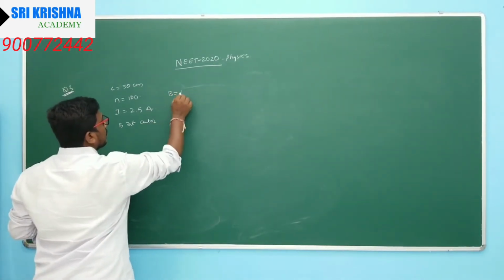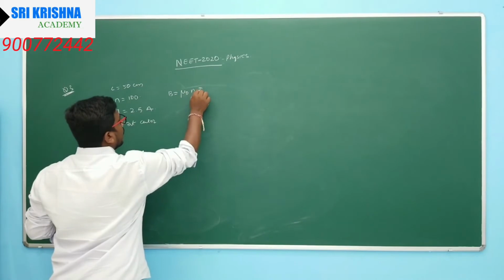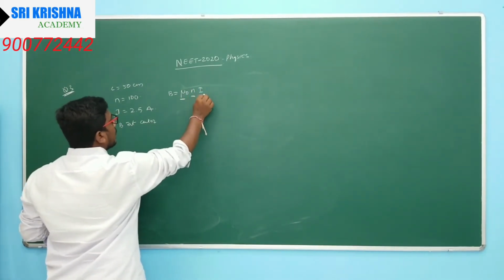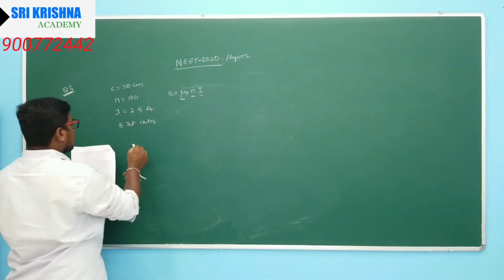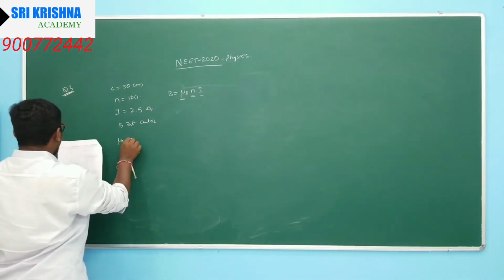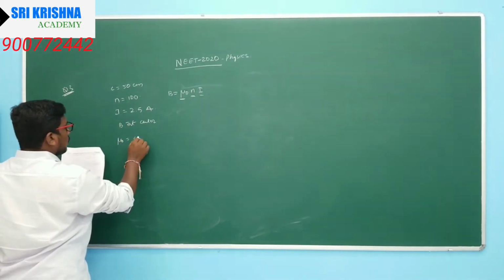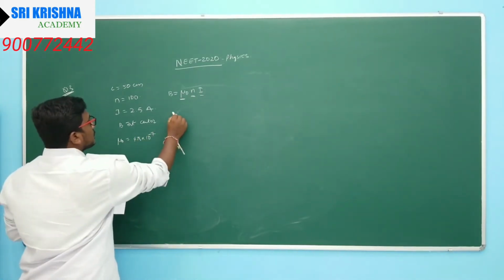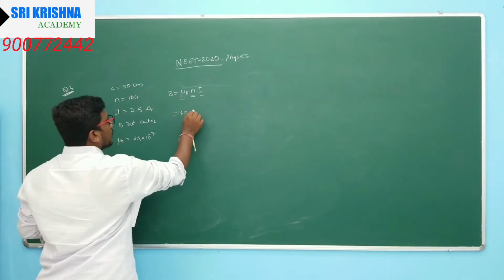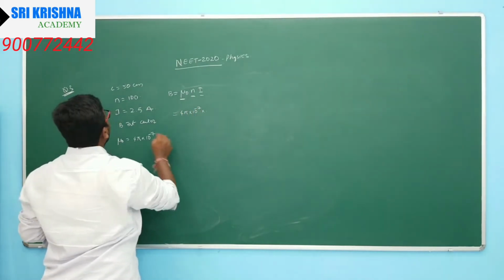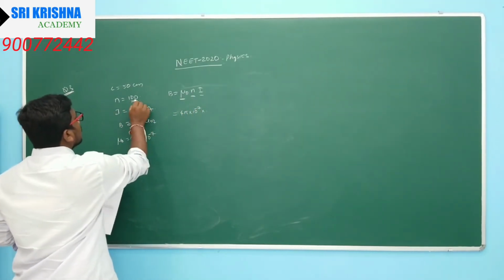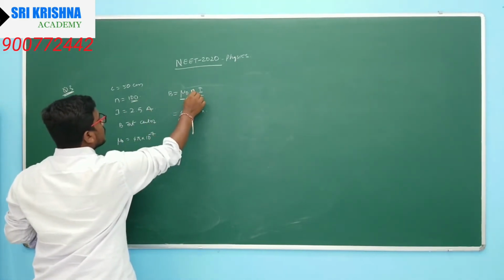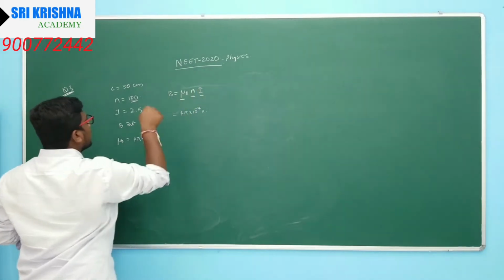B is nothing but mu naught N into I. Mu naught, N is the number of turns per unit length, I is the current. They have given the value of mu naught, that is 4 pi into 10 power minus 7. So it is direct substitution: 4 pi into 10 power minus 7 into N. But when substituting number of turns, you should calculate per meter.